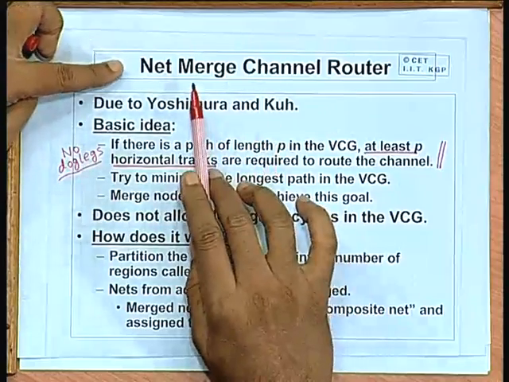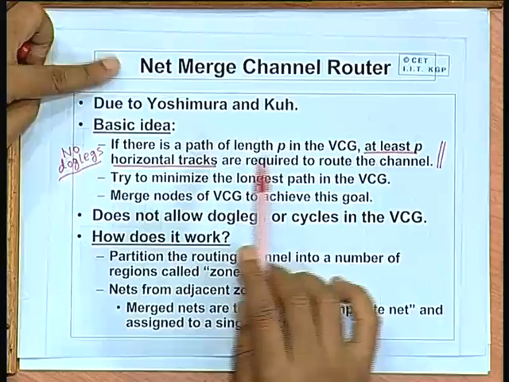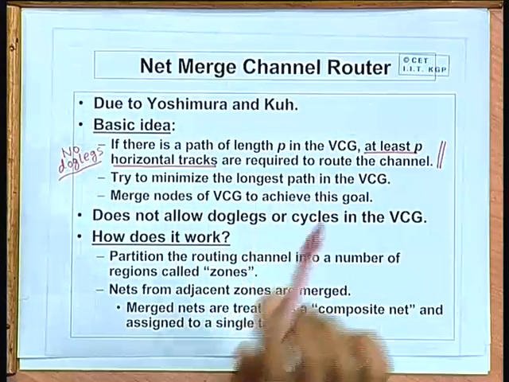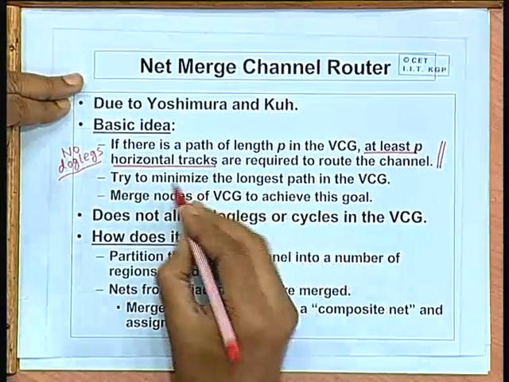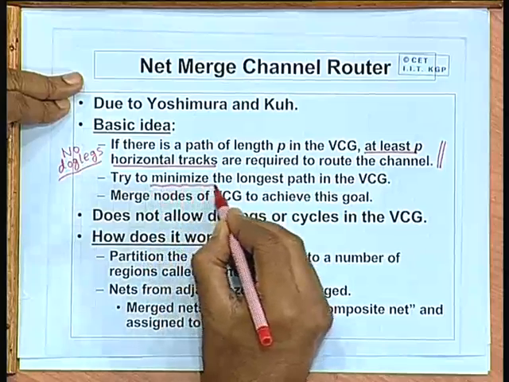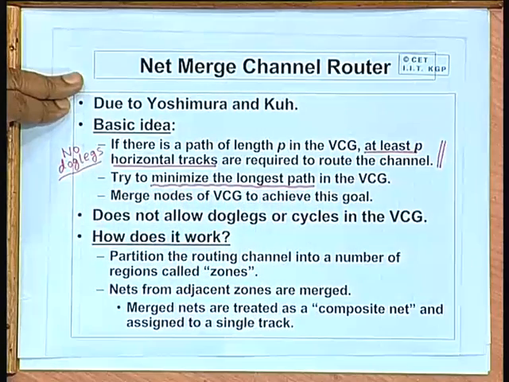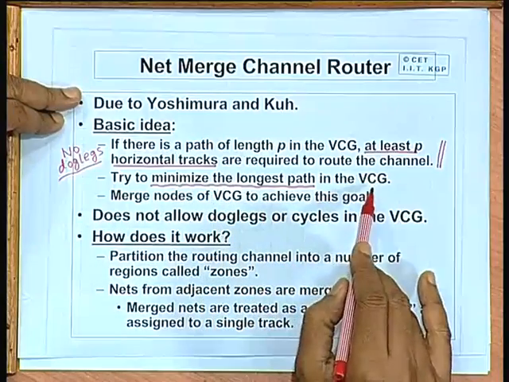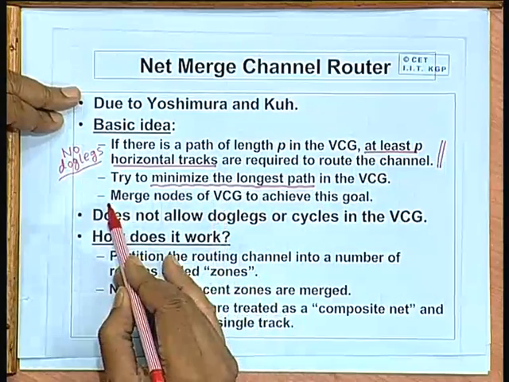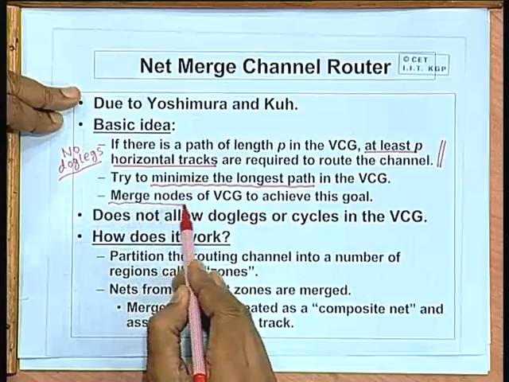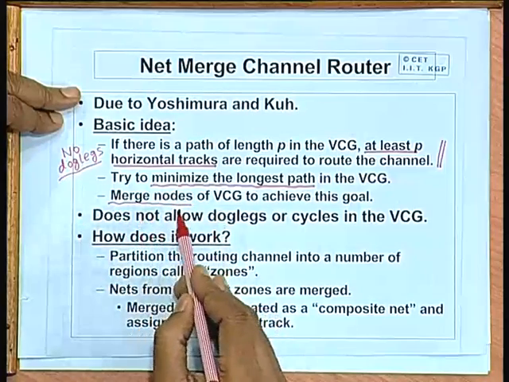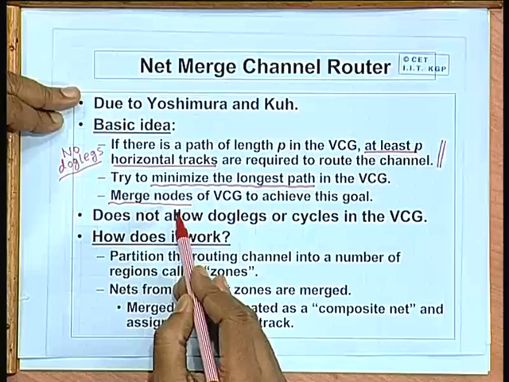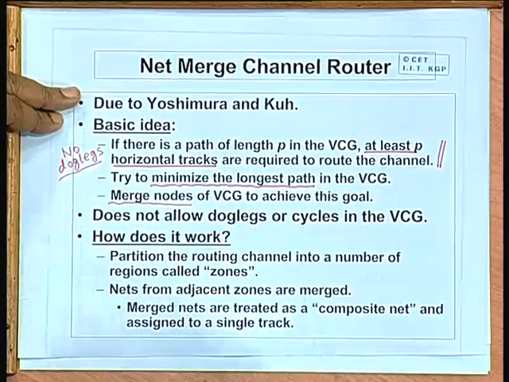Now, in the net merge router, we are trying to merge nets in the way we have just mentioned, but we are always trying to minimize the longest path in the resultant VCG, because when you merge, the VCG also will get modified. So, we are trying to minimize the longest path in the VCG, and the process successively merges the nodes of the graph in order to achieve this objective.